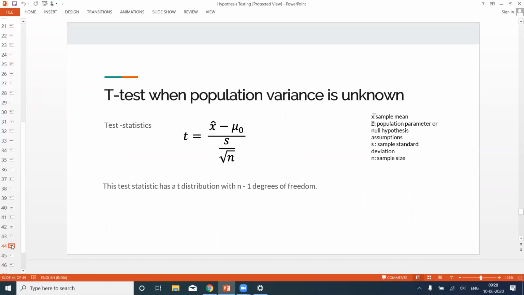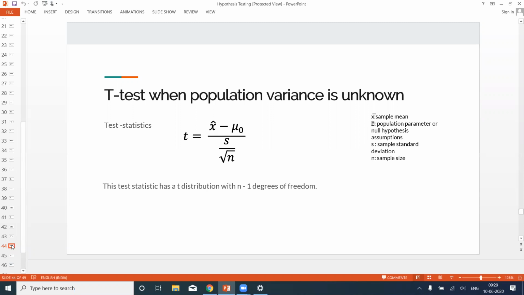How can we perform it using T test statistics if we don't know sigma? Sigma in the above problems was the population standard deviation. So when we don't know the population standard deviation, we have to go ahead with a T test, where the population standard deviation or population variance is unknown.